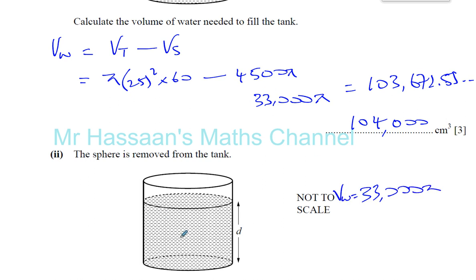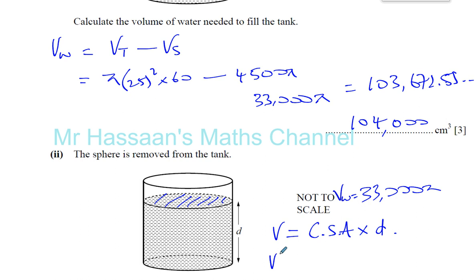Now the sphere is removed, so the water is taking the shape of just the cylinder. If you want to work out the depth of the water in the tank, we just take the volume of water divided by the cross-sectional area, because the volume is equal to the cross-sectional area times the depth.